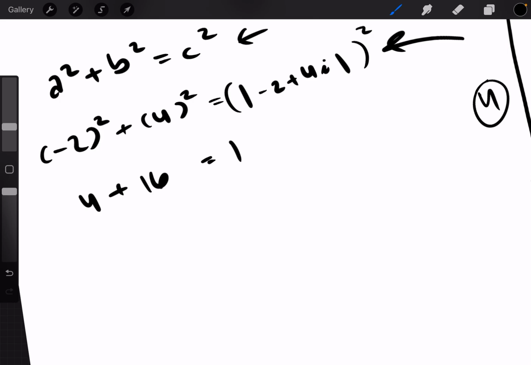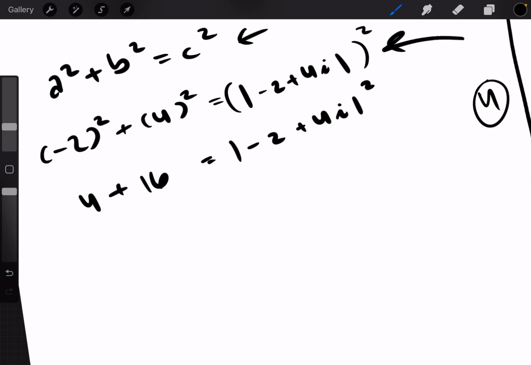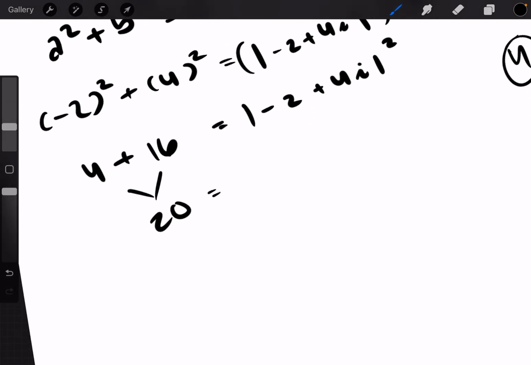We're just going to keep it squared because we don't need to simplify it yet; we're just looking for what this equals. And then the total of 4 plus 16 is 20. The brush is kind of thick and I was worried that it wasn't legible.